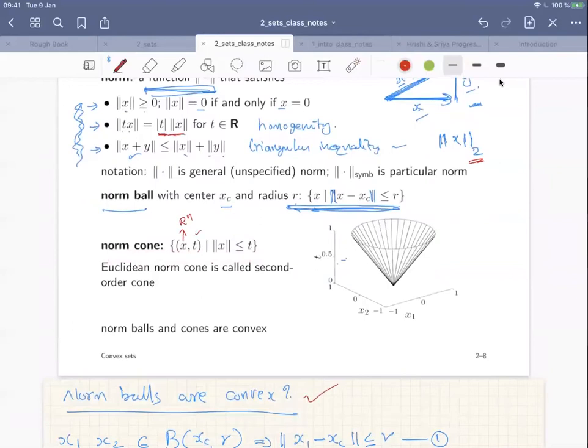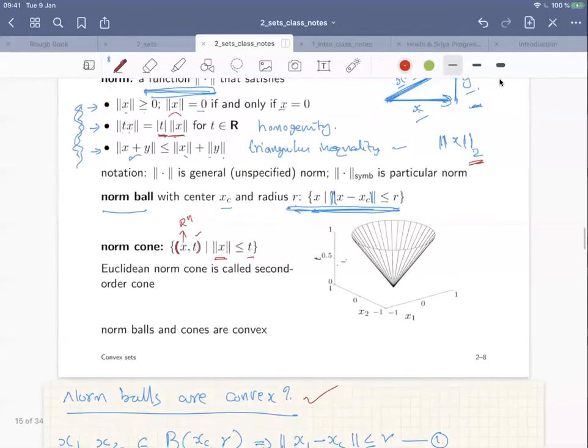Then you form this pair (x, t), such that the norm of x has to be less than or equal to t. Of course, when you say norm, that is a positive quantity, right? We saw that. So it is understood that t has to be greater than or equal to 0.